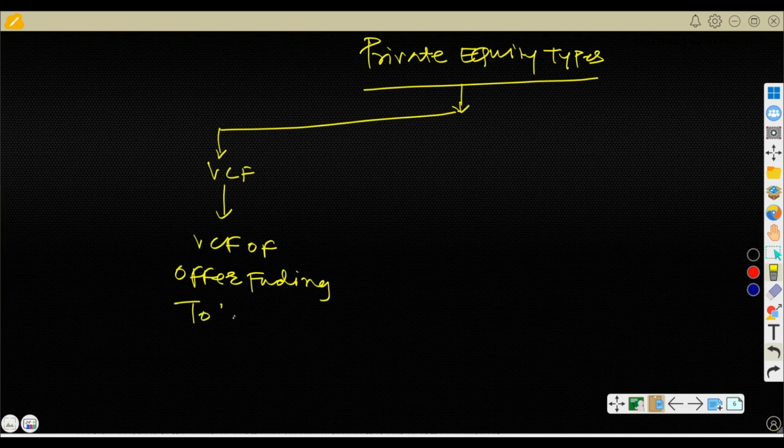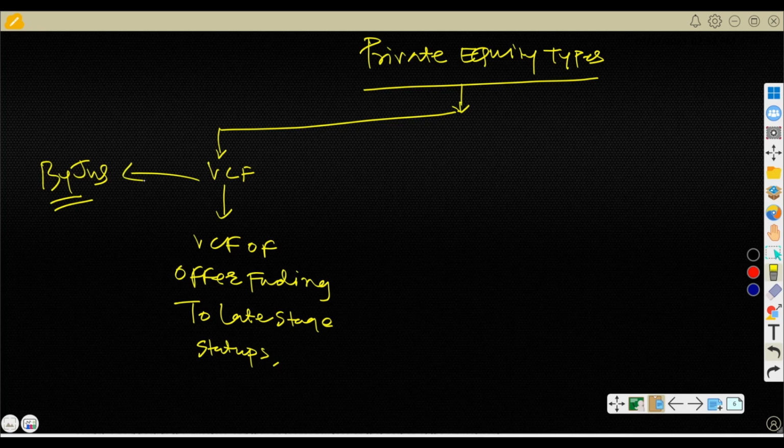For example, Byju's, which is a late stage startup. It's not a startup, it's a late stage startup. If Byju's requires any funding, they can approach the VC. So this is one form where you would see private equity form venture capital and provide funding also.